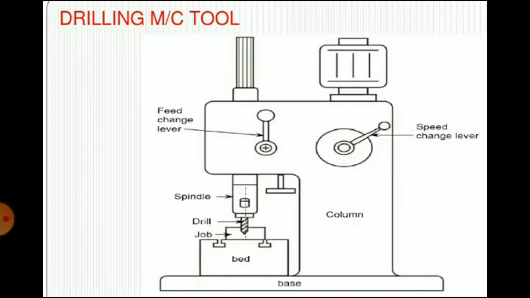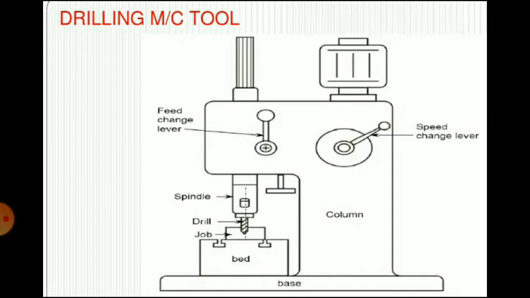So this is a basic drilling machine. The drilling tool is called a drill, which is a multi-point cutting tool. In the diagram, you can see there is a column, then there is a spindle into which you can hold a cutting tool that is called a drill. There is a feed change lever.